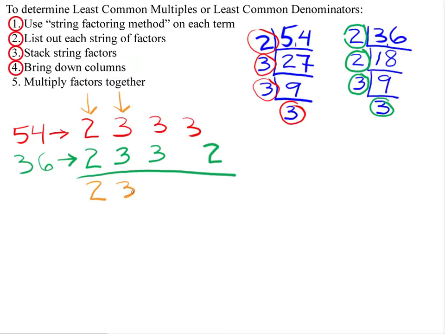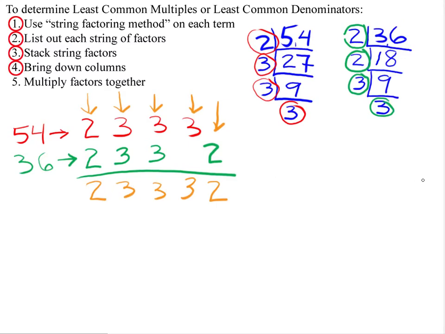We bring down this stack of 3s. For this column, another stack of 3s. Here we see that this 3 got its own column because there were no other matches for it, but it still gets brought down just like the rest. And the 2 here has its own column as well, so that gets brought down the same way.